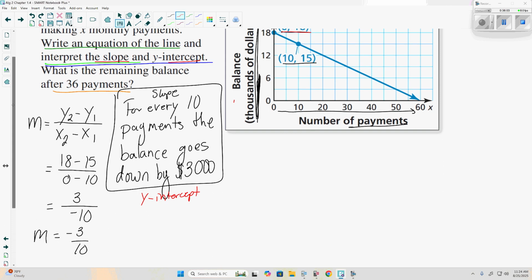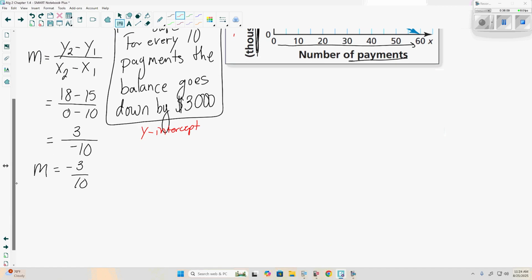Now, the y-intercept tells us the what? The starting balance. So the y-intercept is the starting balance at $18,000.